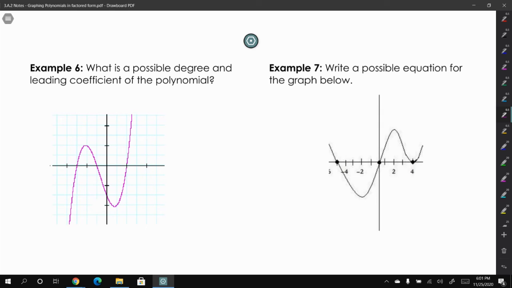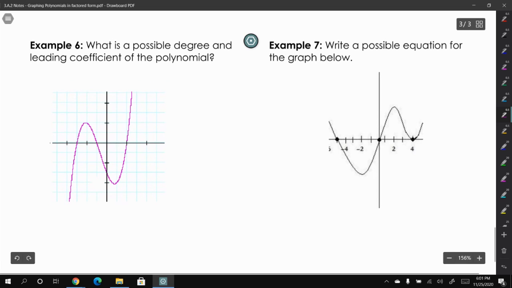Example 6, what is a possible degree and leading coefficient for the polynomial? Now, we won't be able to determine what the exact degree or exact leading coefficient are, but a possible one. So if we look at this, we have 1, 2, 3 distinct zeros. So we know we have to have a degree of 3 or more.